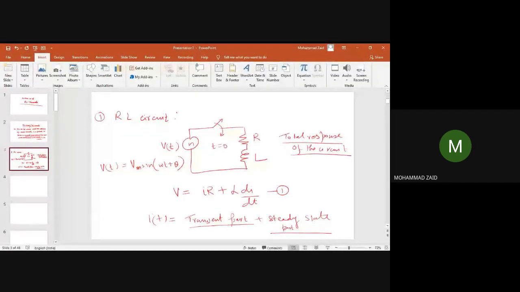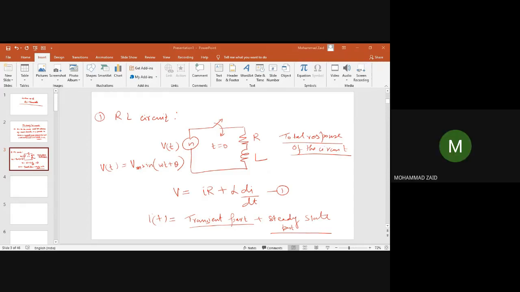Can anybody tell how we can determine the transient response and the steady state response in the case of AC circuits? Can we write it with our previous knowledge directly, or does it need something else? Anybody? How can we determine the transient response of the circuit?